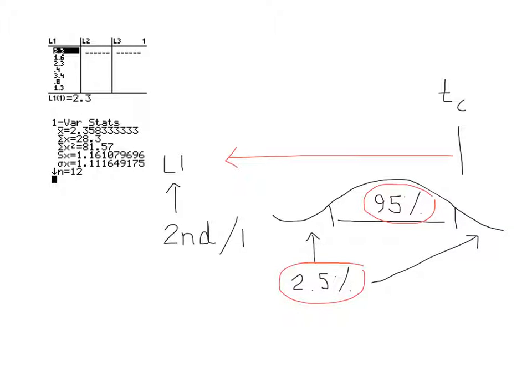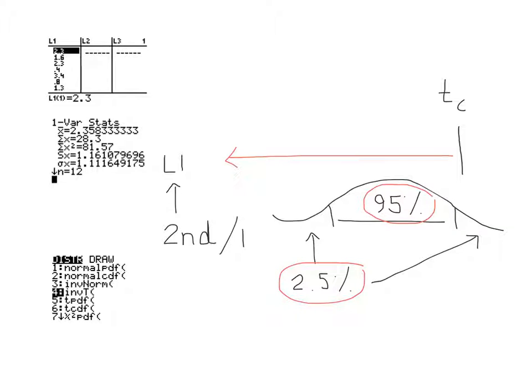So we're going to go ahead and use the inverse t command. Now if your calculator doesn't have that, then you're going to have to use the table of critical values for the t distribution. But if your calculator does have the inverse t, you're going to go to Second Variables and choose inverse t, as you see pictured on this screenshot.